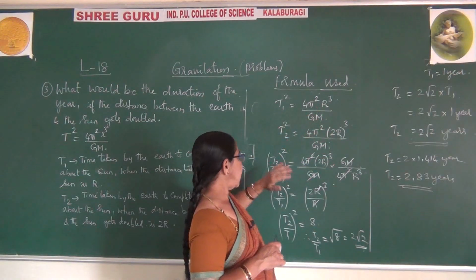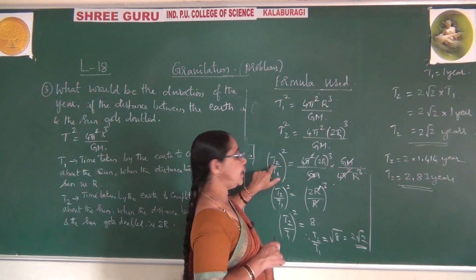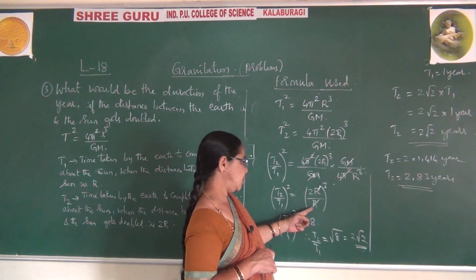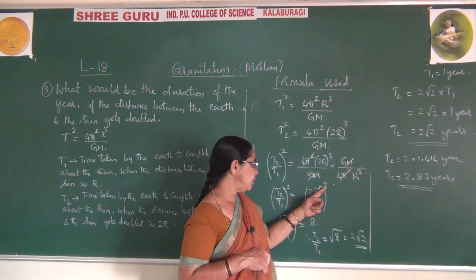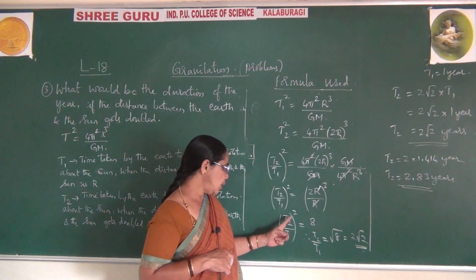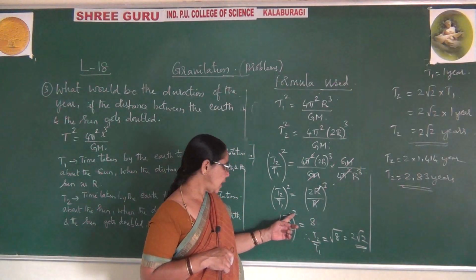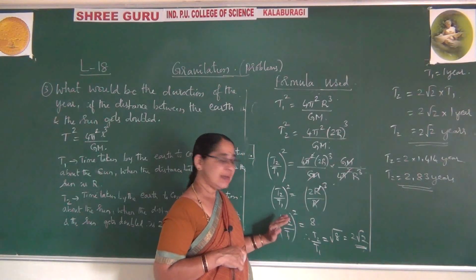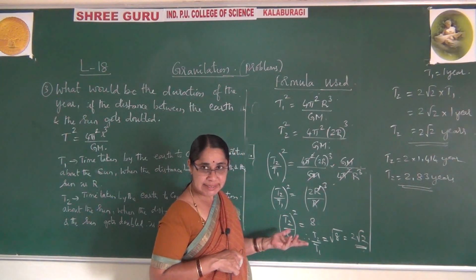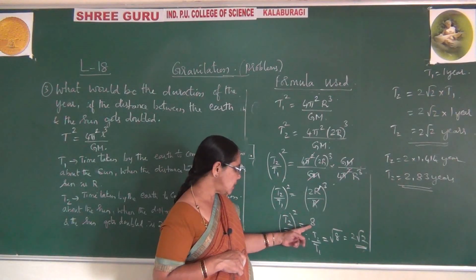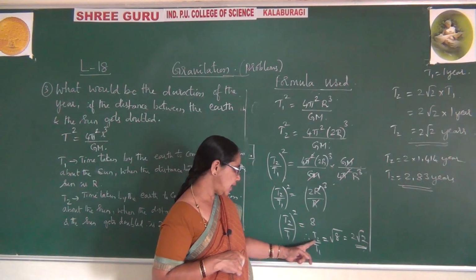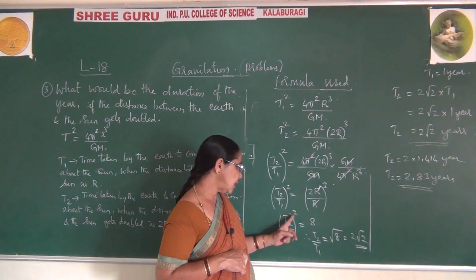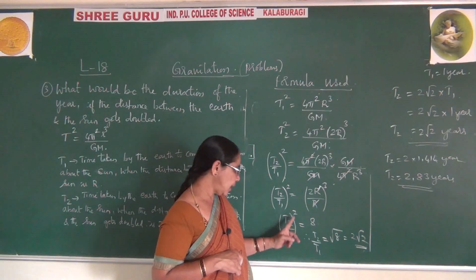Okay. Now I have to take the ratios. I have to calculate T2. So let me write the T2 by T1 ratio. Using this you get 2 to the power of 3 will become 8. Now I have to remove the square, so I have to take the square root.